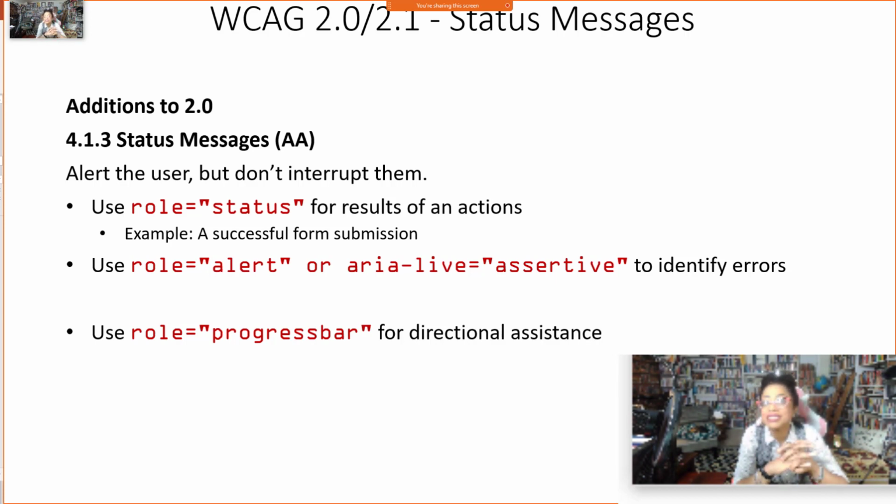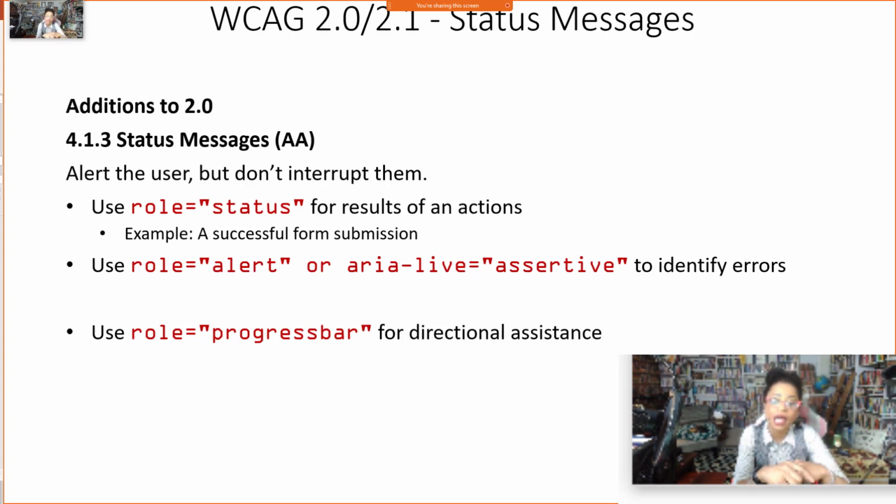The status role from the ARIA specifications notifies the AT, your assistive technology, when the content has been updated with information about the user's or application status. This is done by adding this specific role equals quotation mark status to that specific element that contains the status message.